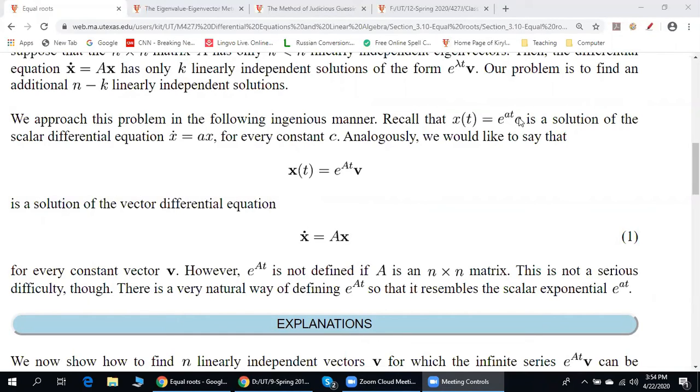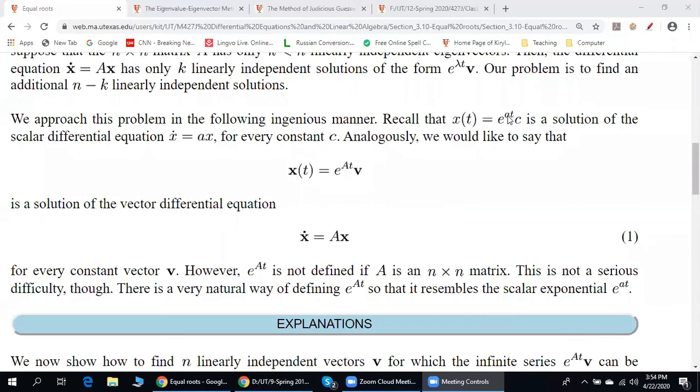Here's an idea. Suppose instead of x, we have boldface X, and instead of a, we have capital A. Let us try to find a particular solution of this in almost the same form as this, namely e to the At.